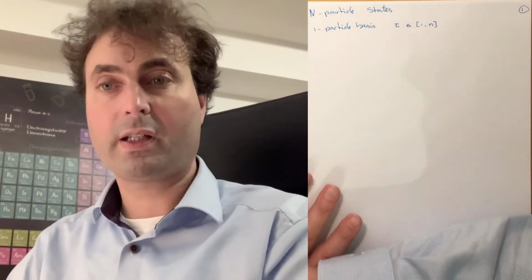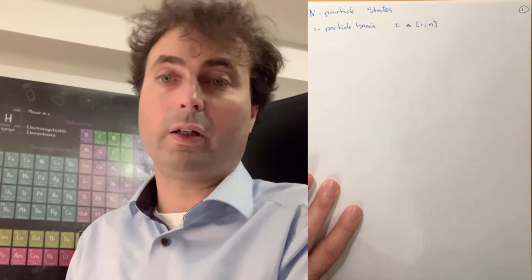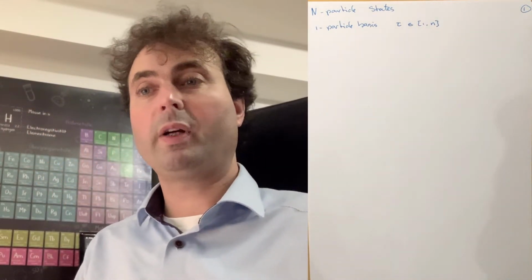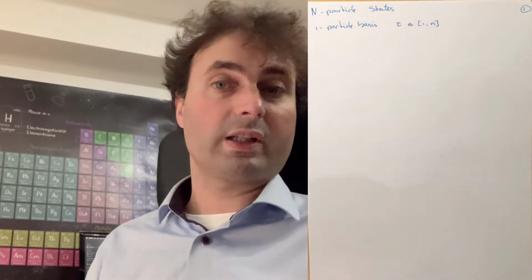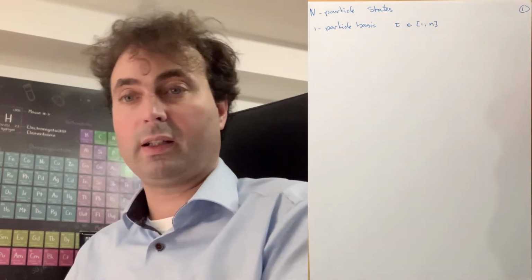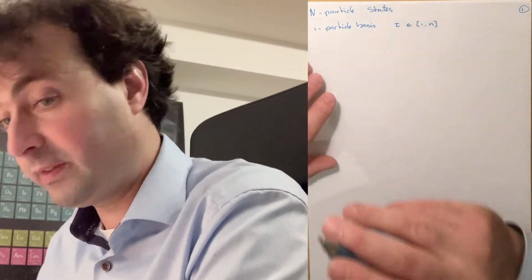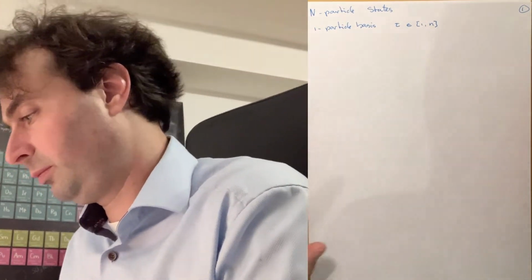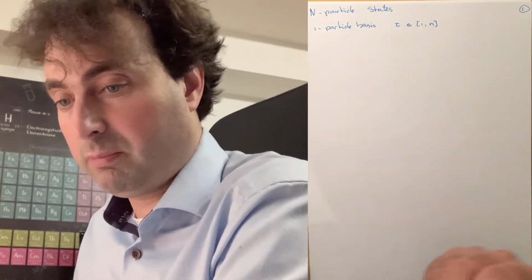In atomic physics, these would be the atomic orbitals or your hydrogen orbitals, where tau then labels both the principal quantum number n, the angular momentum L, and the projection of the angular momentum on the z-axis m, and then you have spin, also the spin projection on the z-axis sigma. So we just put that in a single variable, tau. For plane waves, this would be the momentum of the plane wave k. It can be anything you like.